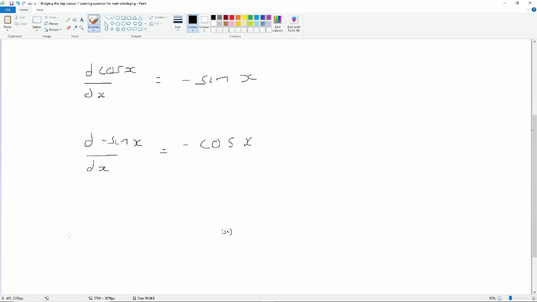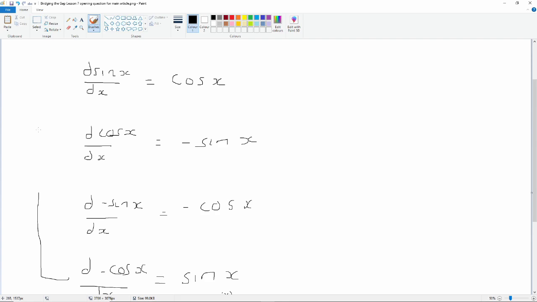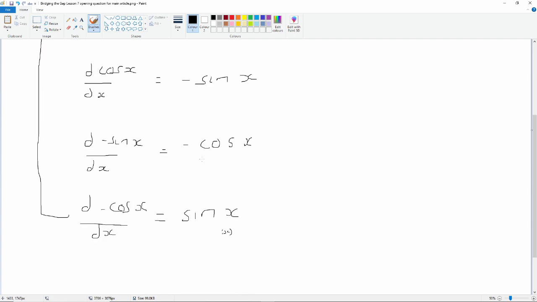And the derivative of negative cos x with respect to x takes us back to sine x, which is a brilliant little loop. So that's a cool thing to know for your trigonometric derivatives.